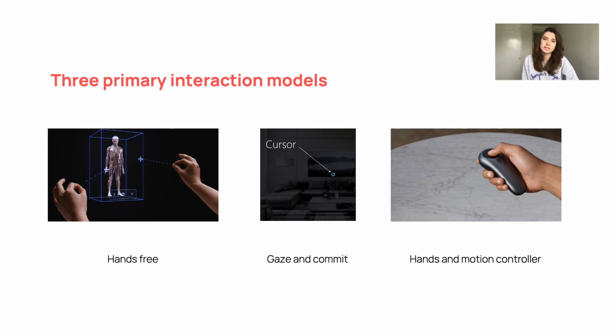And the last model is hands and controller. It's designed for click-through experiences, for example 3D presentations or demos. To ensure that there are no gaps in the user interaction experience, it's best to follow the guidance for a single model from the beginning to the end of your AR experience.